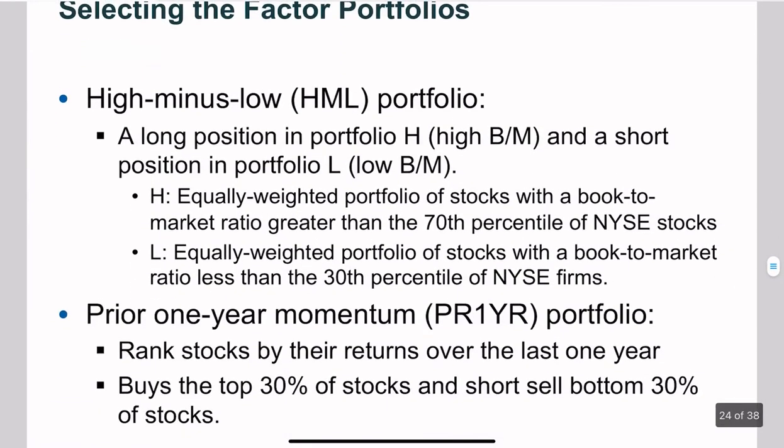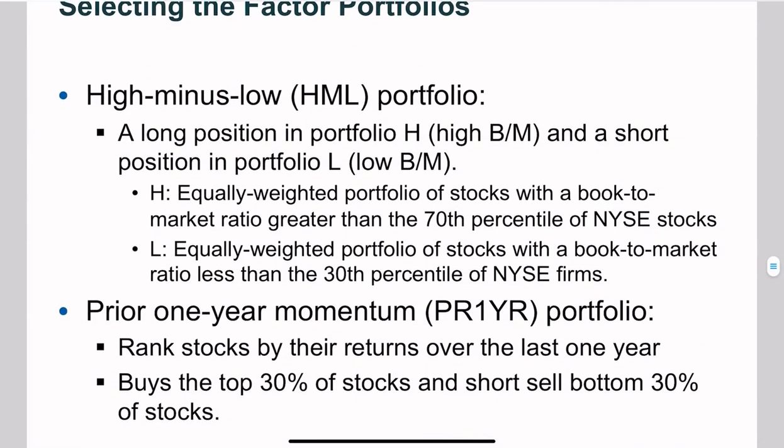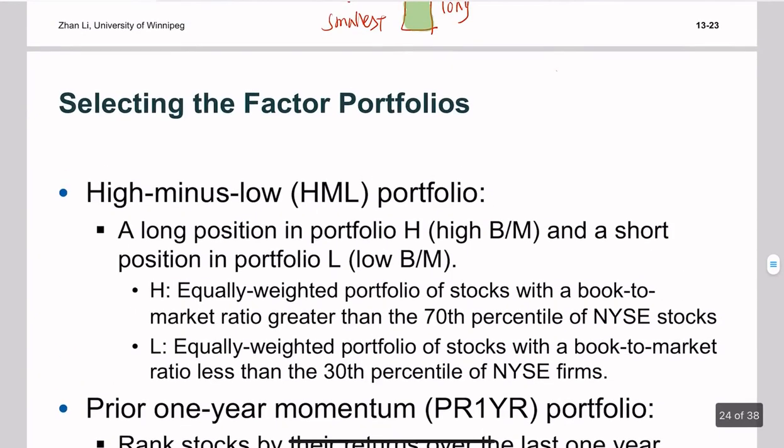And the third factor portfolio is HML, which is the high minus low portfolio. Now, how do you construct this? First, you will rank stocks. This time you're ranking stocks according to their BM ratio. Remember what the BM ratio is, right? The BM ratio is book versus market.